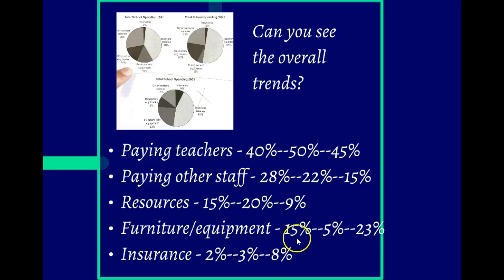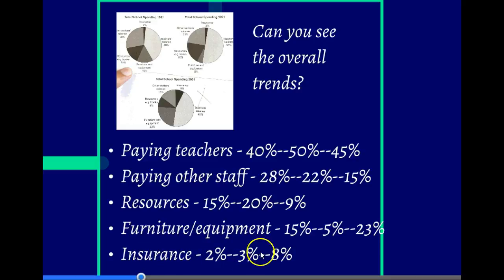Furniture and other equipment is totally different. What happened in the middle year? Only 5%. What's the opposite of a peak? It is a dip. So can you see the line? Imagine the line. 15% down to 5% and then a big rise to 23%. This is a dip.